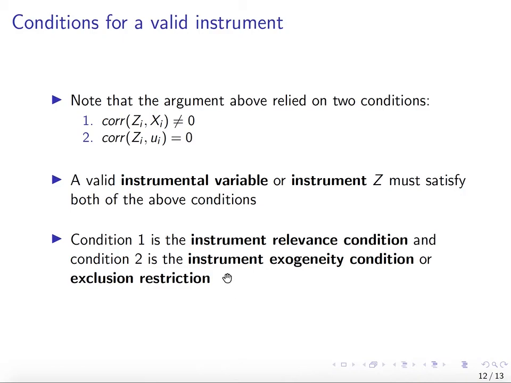If you're a researcher proposing a given instrument, it means that nobody in the room can say, look, rainfall is going to impact the probability of war through a mechanism that is not crop yields. If what this person is saying is true, then it violates the exclusion restriction.